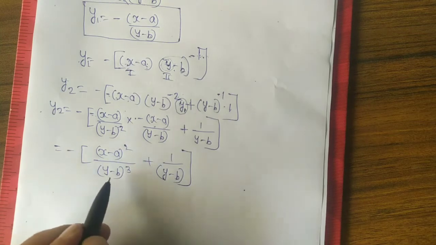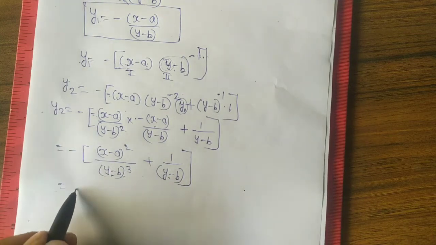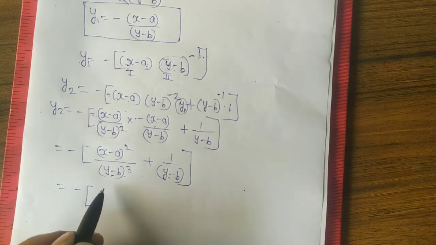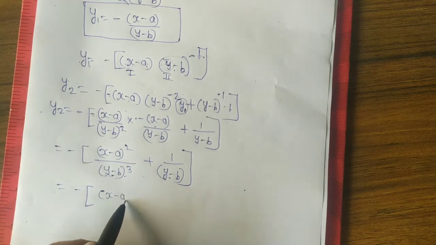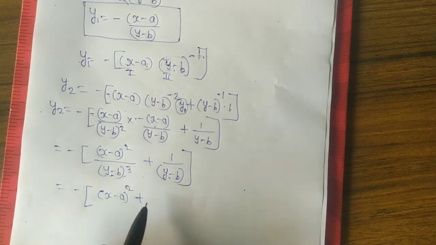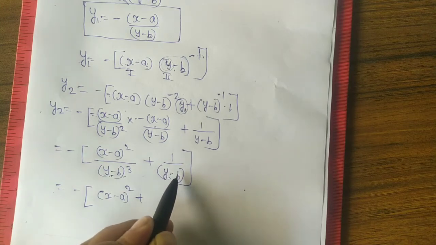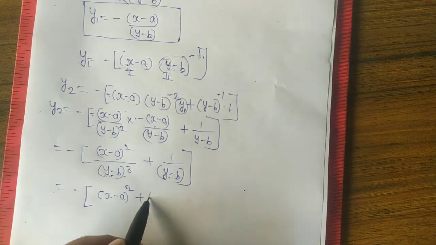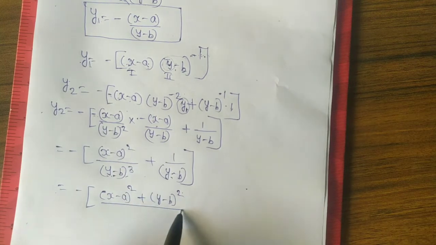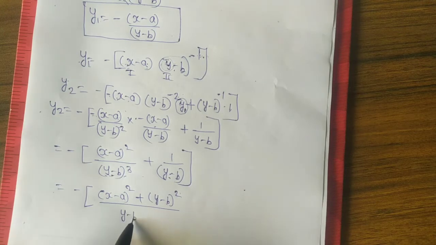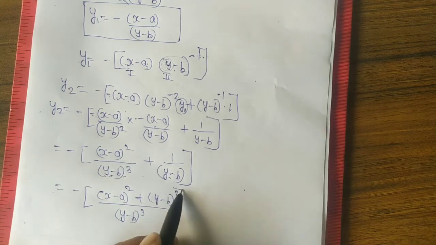Now students, we will take LCM. So here minus, LCM will be y minus b whole cube, so it is x minus a whole square, plus since y minus b is here, so the answer will be y minus b whole square, whole upon y minus b whole cube.